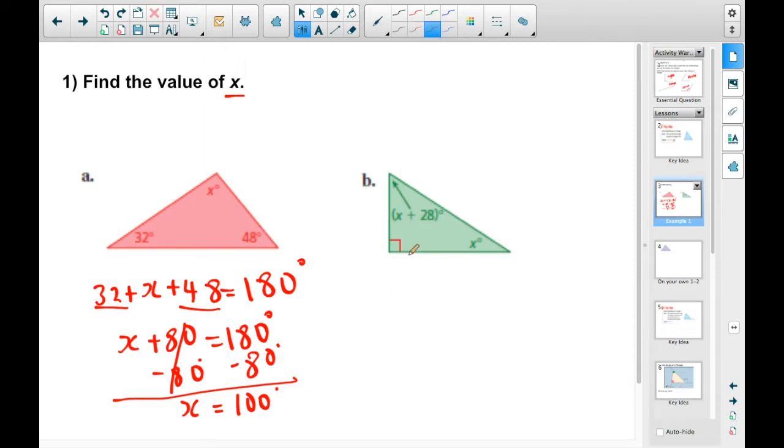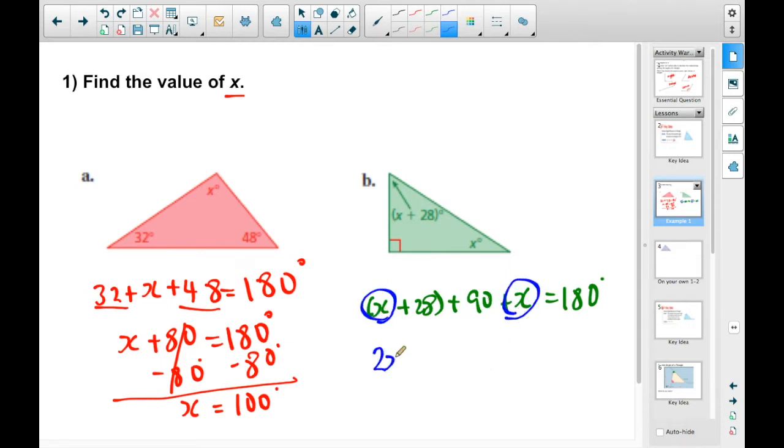Next, we have this expression as one of the angles, and a 90 degree angle, and an x. So let's write all of them out. x plus 28 is one of the degree measurements, plus 90, plus x is equal to 180 degrees. Total sum is 180. Now let's combine like terms. We have x and then another x.